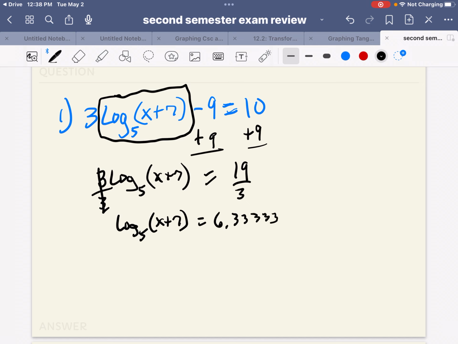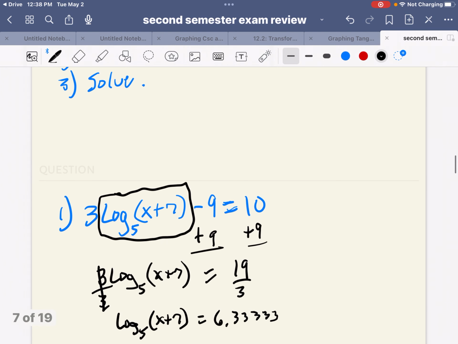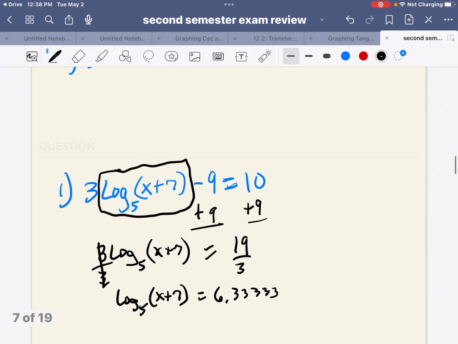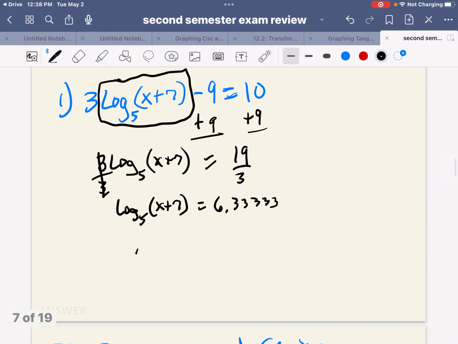So I've isolated the logarithm. So I've completed step 1. Step 2, change that to its exponential form. Well, the exponential form is 5 to the 6.33333 power equals x plus 7.